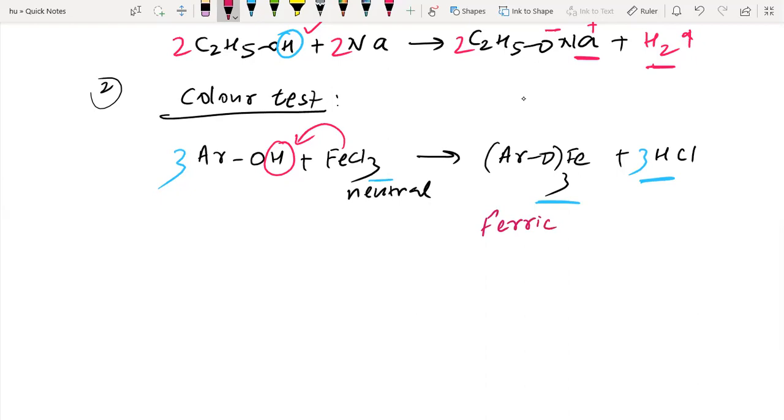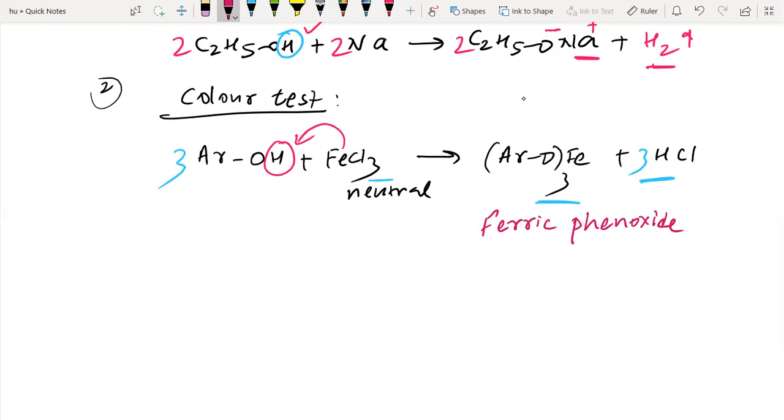Okay, I have written Ar. Ar is the benzene ring. So we can write here ferric phenoxide. And the color for this can be purple, violet or green. So this shows color.